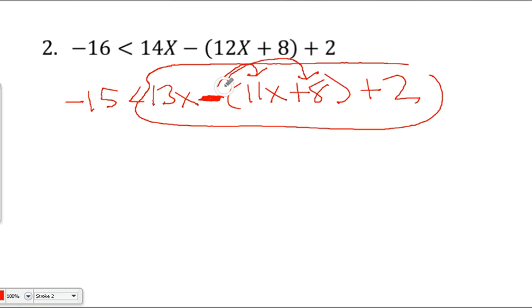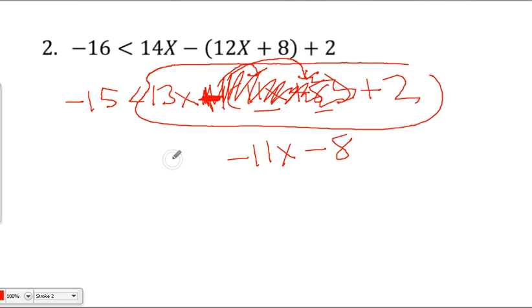So when we distribute that negative, it's like we're multiplying a negative 1 by both of these terms. So basically we end up with a negative 11x and a negative 8. Now, once you distribute that negative, it's gone. Okay, it's no longer there. And then just bring down what you have left. So 13x minus 11x minus 8 plus 2.